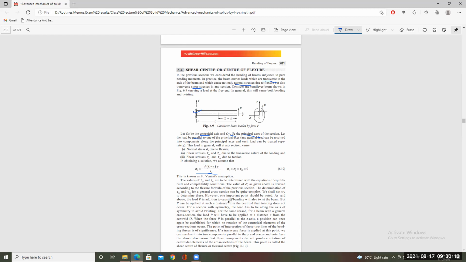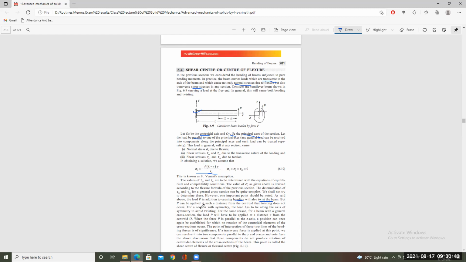But one important point we find is that the load P, in addition to bending, will also twist the beam. Twist is shown here. The load is here, bending the beam as it acts upwards, and as it is away from one of the principal axes, it is also twisting the beam.